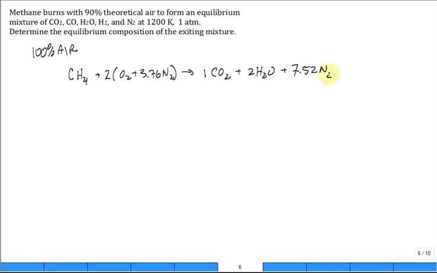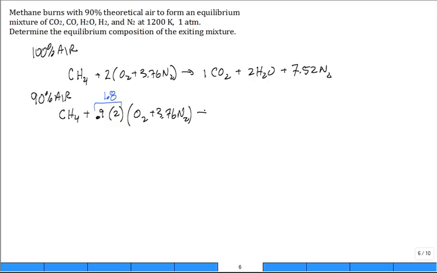7.52 N2s. But now we modify it or rewrite it for the 90% air: CH4 plus 0.9 times 2, so that's the 90% theoretical air, O2 plus 3.76 N2. You could write this as 1.8 O2s, but whatever.